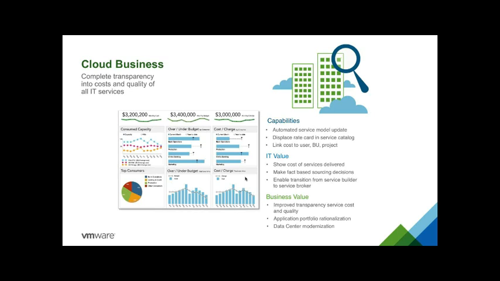And this kind of lines up alongside operations, where operations looks at those technical metrics. This really looks at those costing metrics, and uses pretty much the same data set of CPU cycles and all of the VM capabilities, but uses that to meter rather than actually monitor the environment.